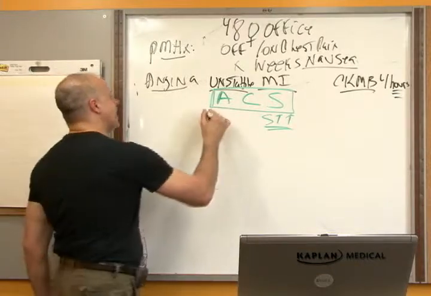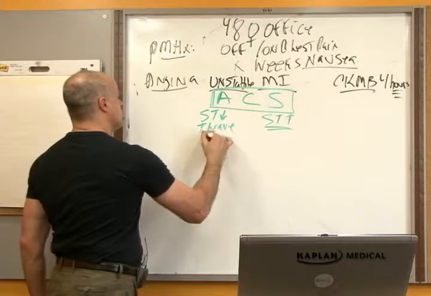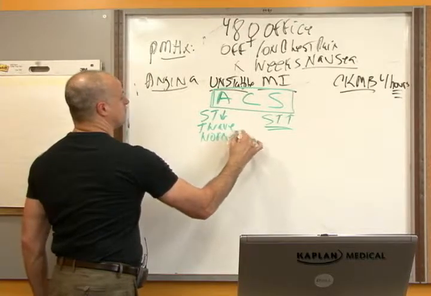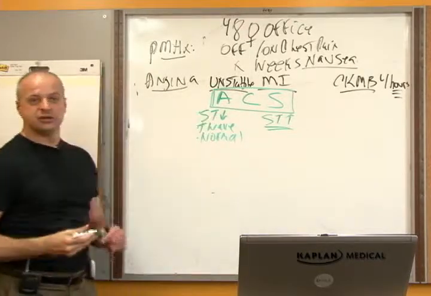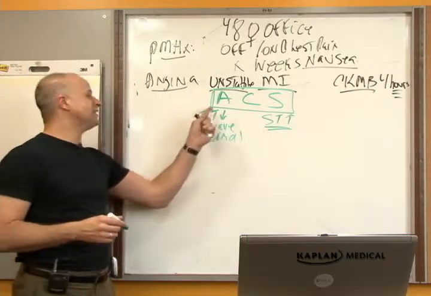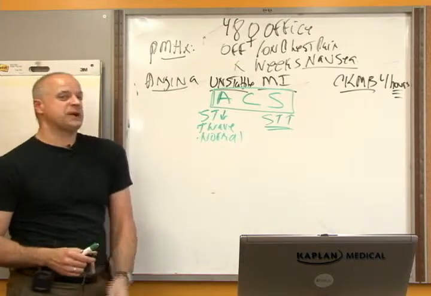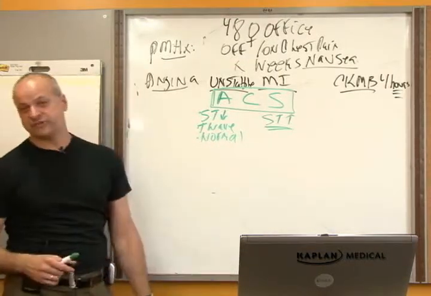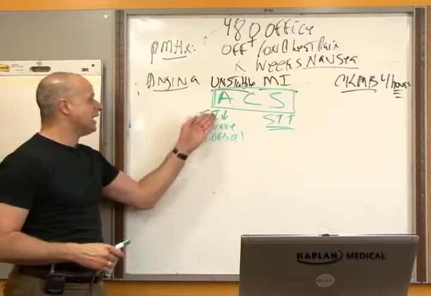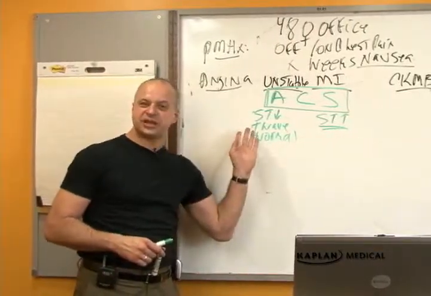If we see ST segment depression, T wave inversion, or normal, but the story is like ischemia, we have divided this up into ST segment elevation and non-ST segment elevation. I could say ST depression, normal, or T wave inversion, but it means there's not an ST segment elevation.